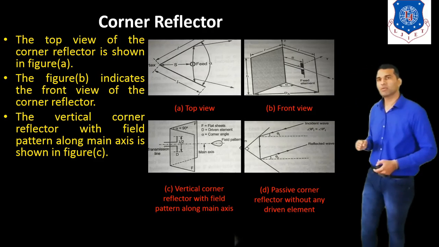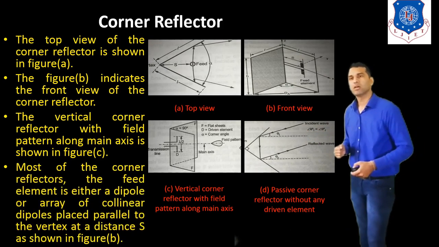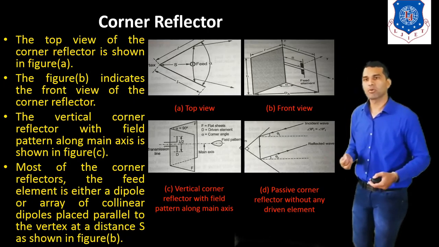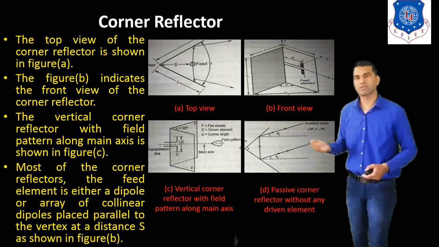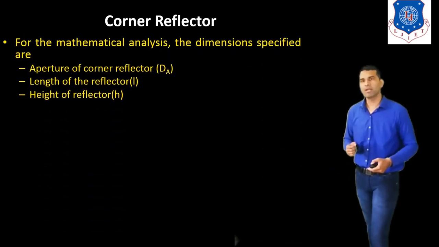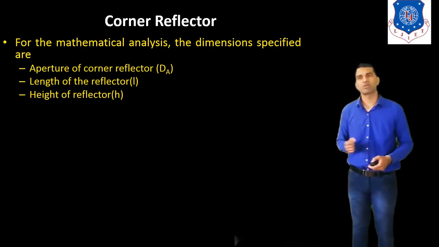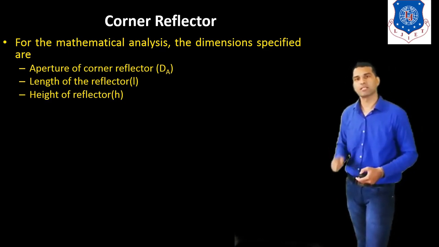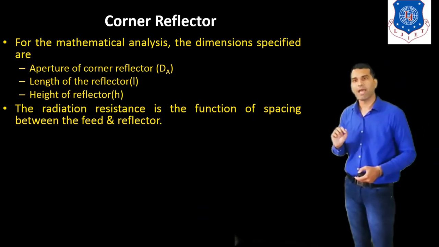The vertical corner reflector with field pattern along the main axis is shown in figure C. In most corner reflectors, the field element is either a dipole or an array of collinear dipoles placed parallel to the vertex at a distance S, as shown in figure B. For the mathematical analysis, the dimensions specified are the aperture of the corner reflector, denoted by dA, the length of the reflector, L, and the height of the reflector, H. The radiation resistance is a function of the spacing between the field and the reflector.